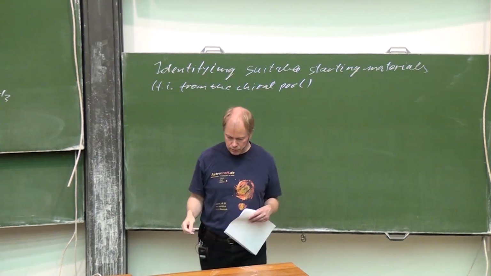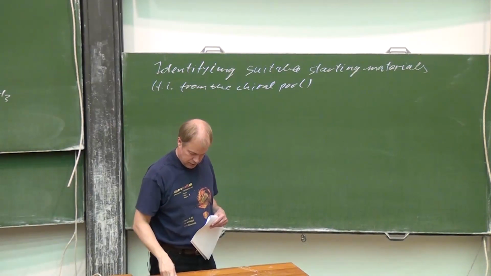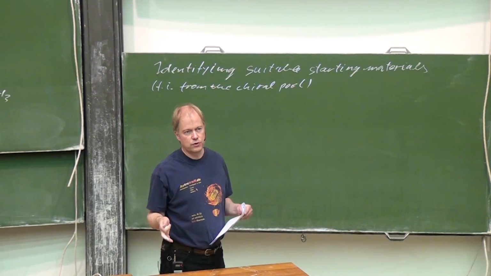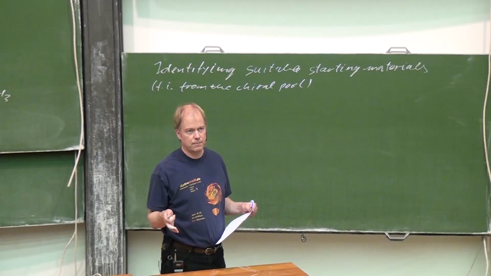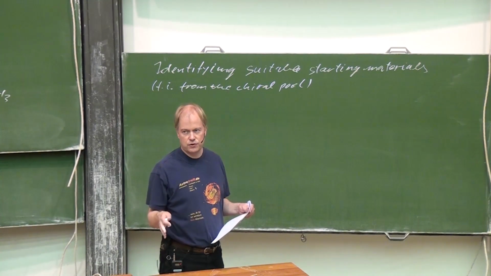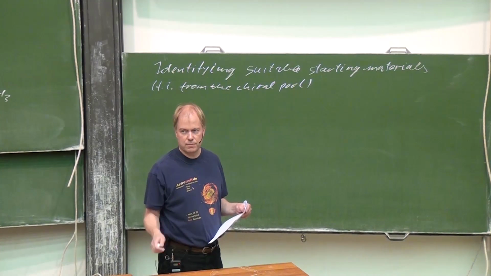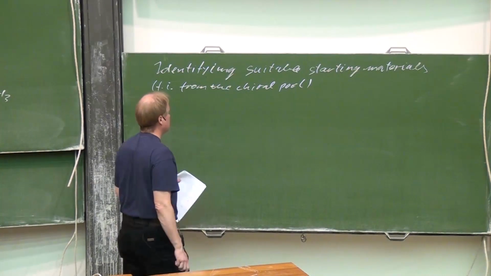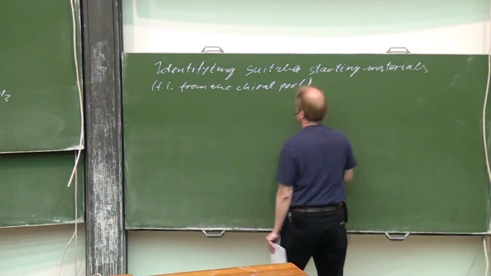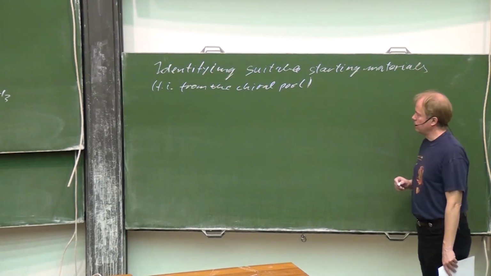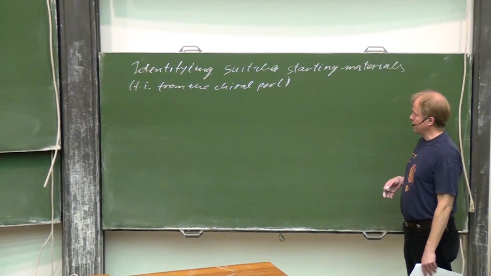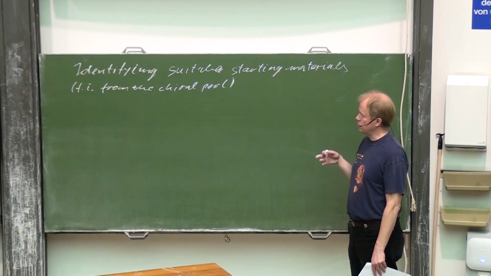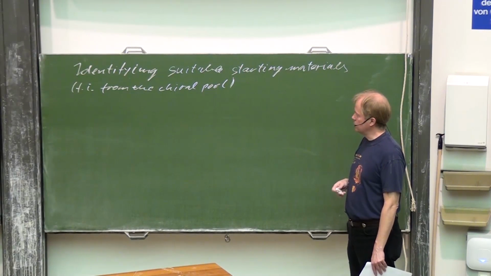You all know the chiral pool consists of all those natural products we can get our hands on that have some chiral centers. We could make use of them, starting the reaction sequence to our target molecule from a chiral pool compound.